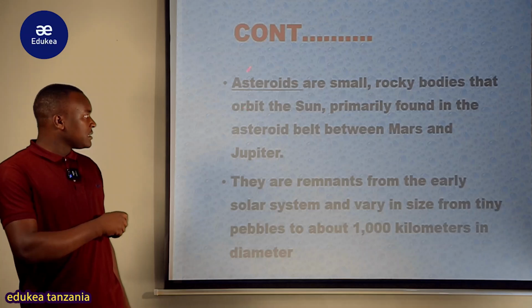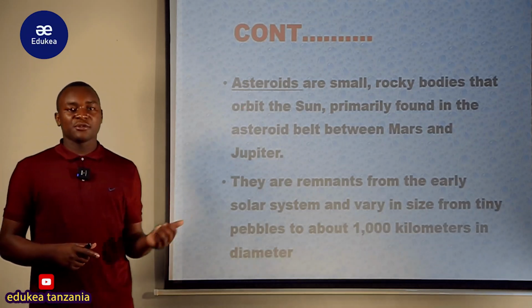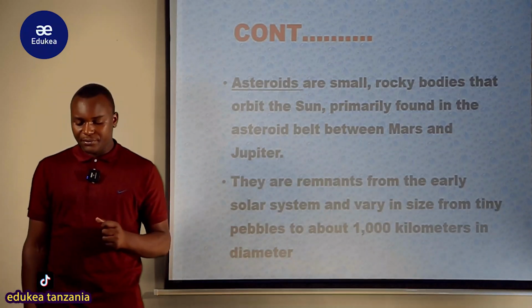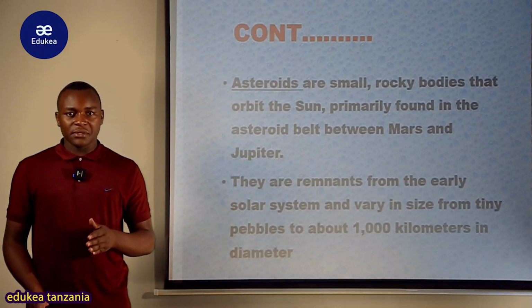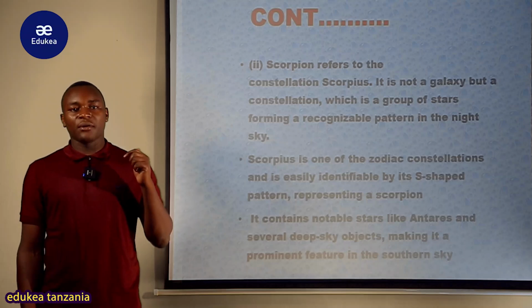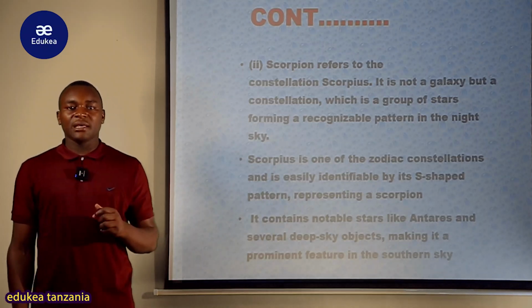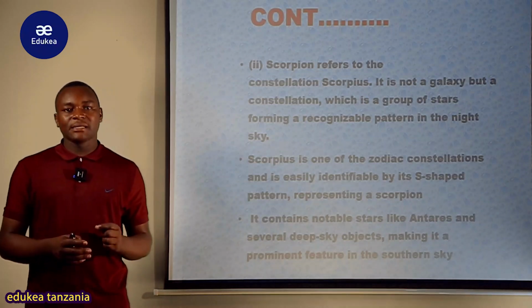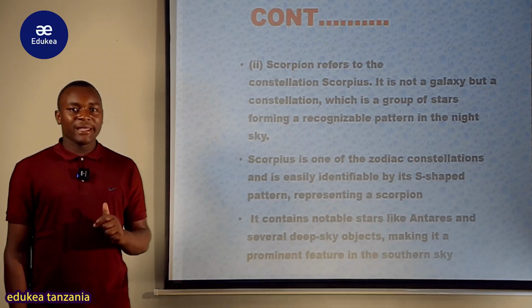Asteroid, its definition is as we defined above, and astronomy we saw in the previous slide. After that, we have to say if Scorpion is a constellation or a galaxy. And whichever we say, we have to give reasons why.